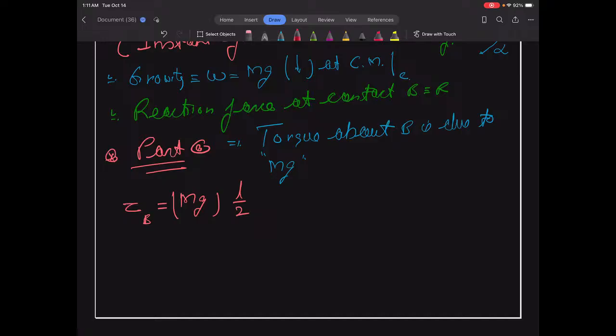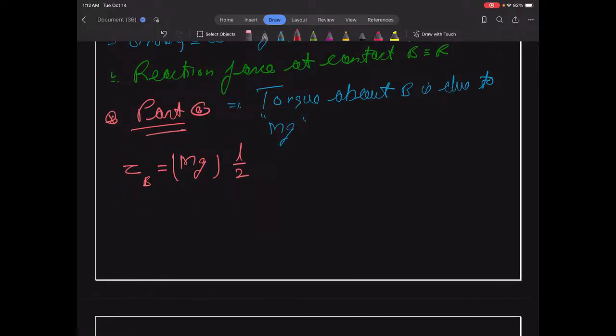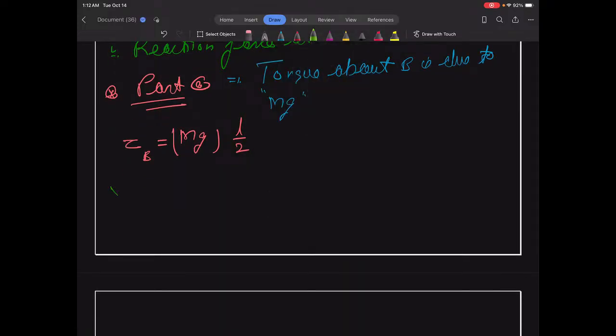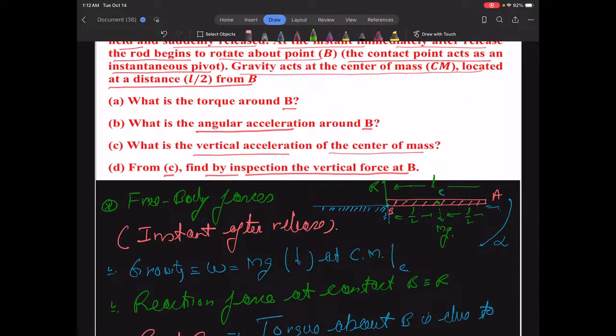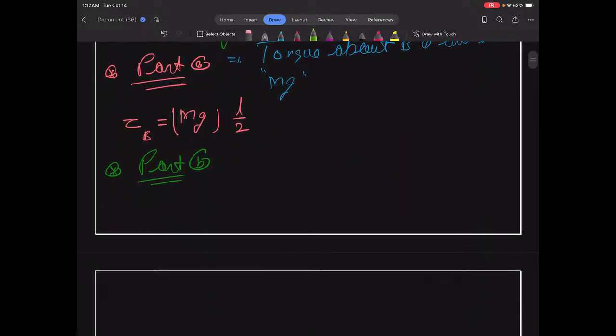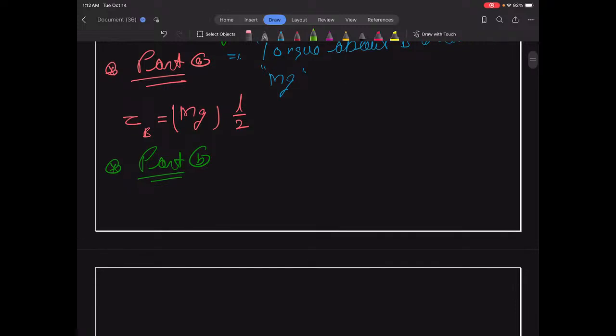And next is our part B. In part B, we are supposed to find the angular acceleration about B. In order to find the angular acceleration, first of all we are required to find the moment of inertia of the rod about its center of mass, which we can call I_CM, and that will be equal to 1/12 ml square.